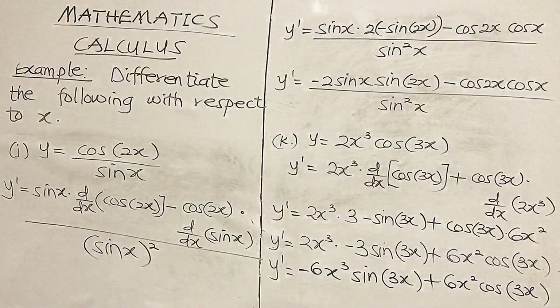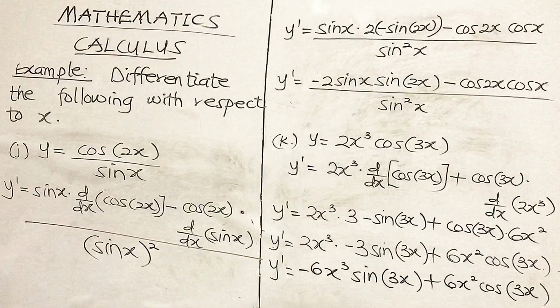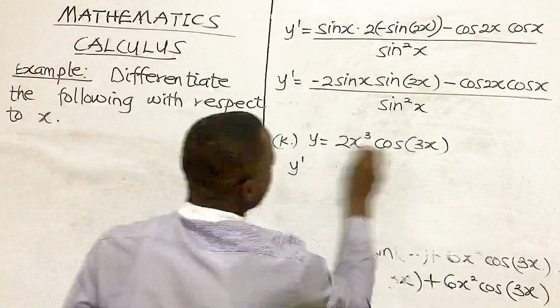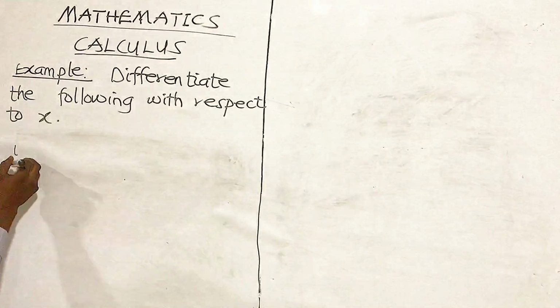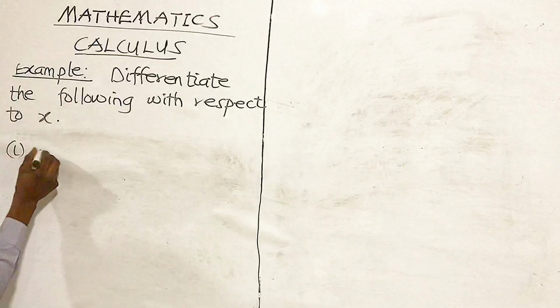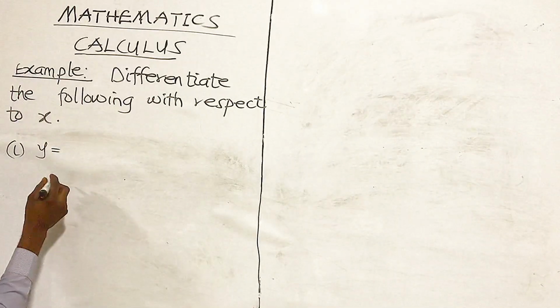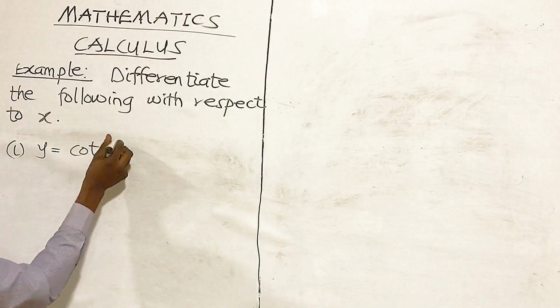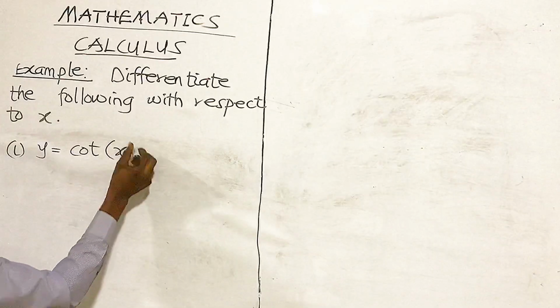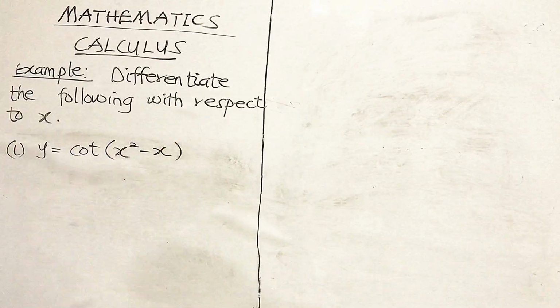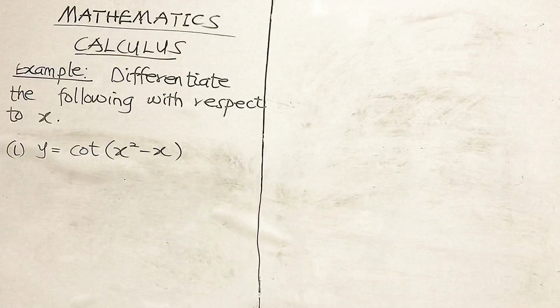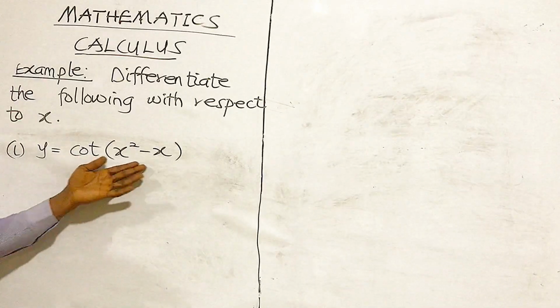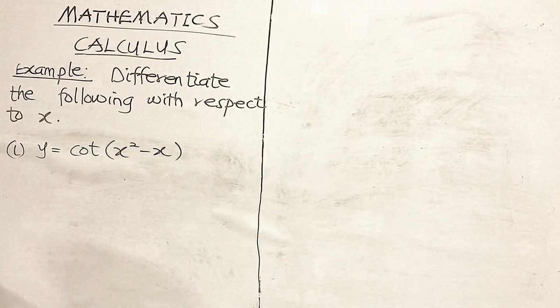The last example. We have y is equal to cot of x squared minus x.